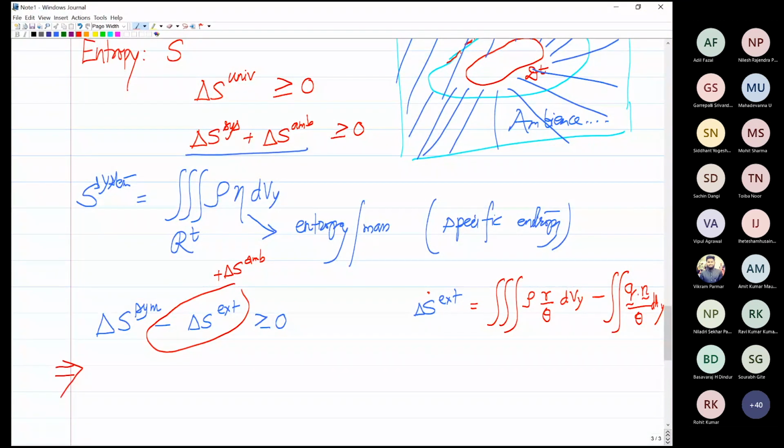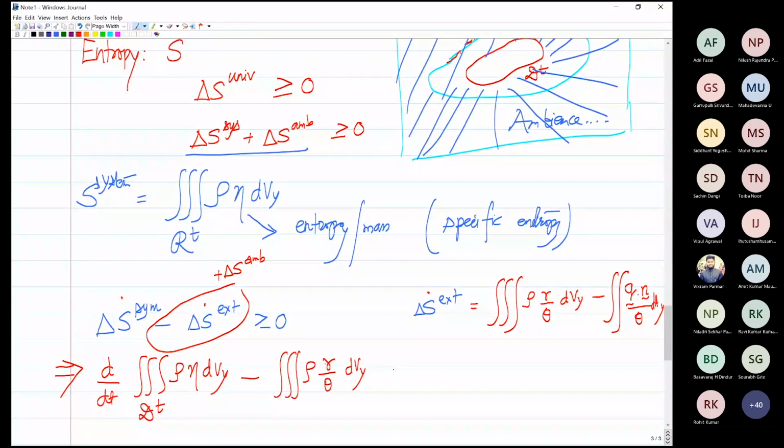Coming here, for the system, if we want the dot form, then we have d/dt over the part of the body dt of the integral of rho eta dv, minus delta S dot external, that's minus the integral of rho r by theta dv plus the integral of q dot n by theta da, and this has to be greater than or equal to 0.